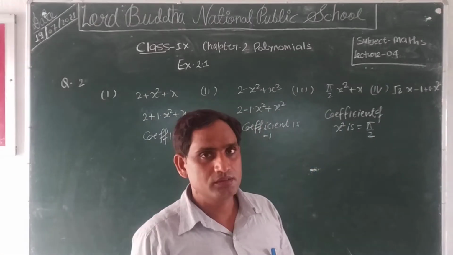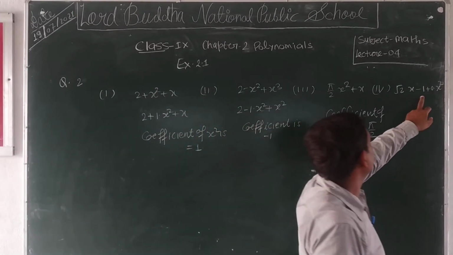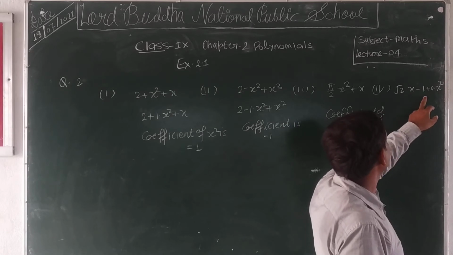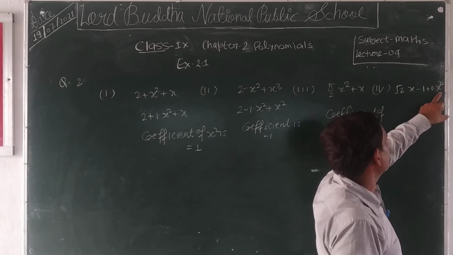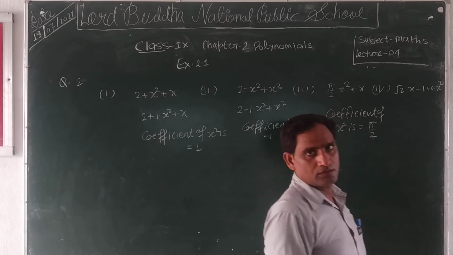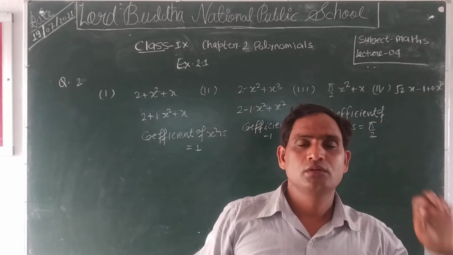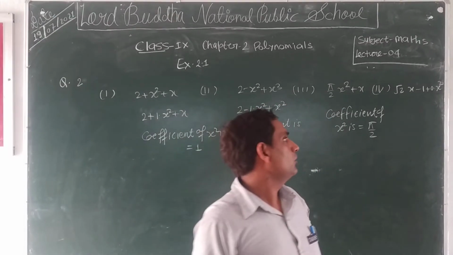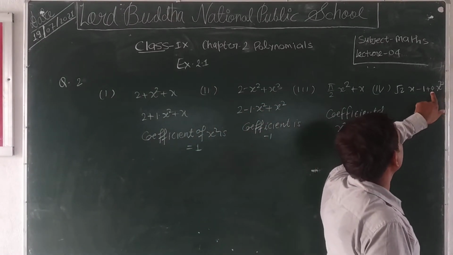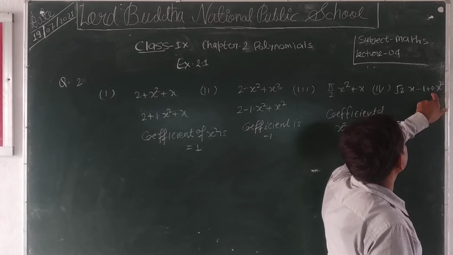We can add this term 0 times x square to the expression root 2 x minus 1 because it will not affect the polynomial, and if we find the coefficient of x square in this case, it is 0.